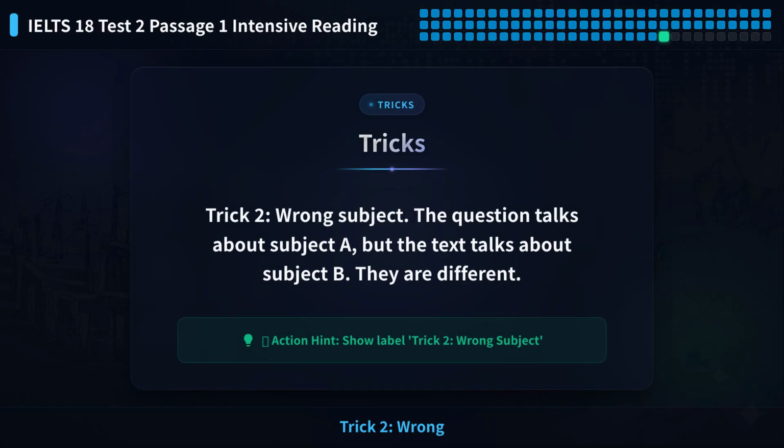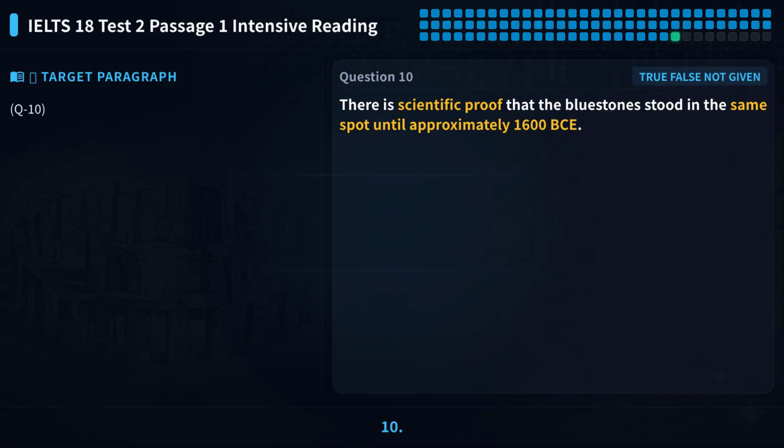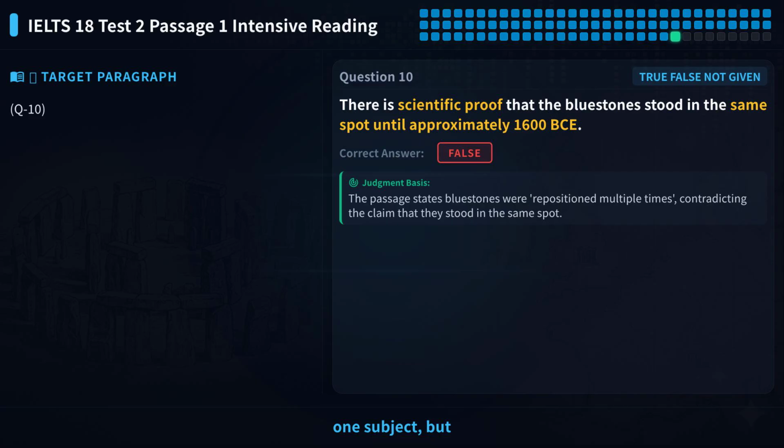Trick 2, wrong subject. The question talks about subject A, but the text talks about subject B. They are different. For example, question 10. The question mentions one subject, but the text mentions a different one. They are not the same, so the answer is false.